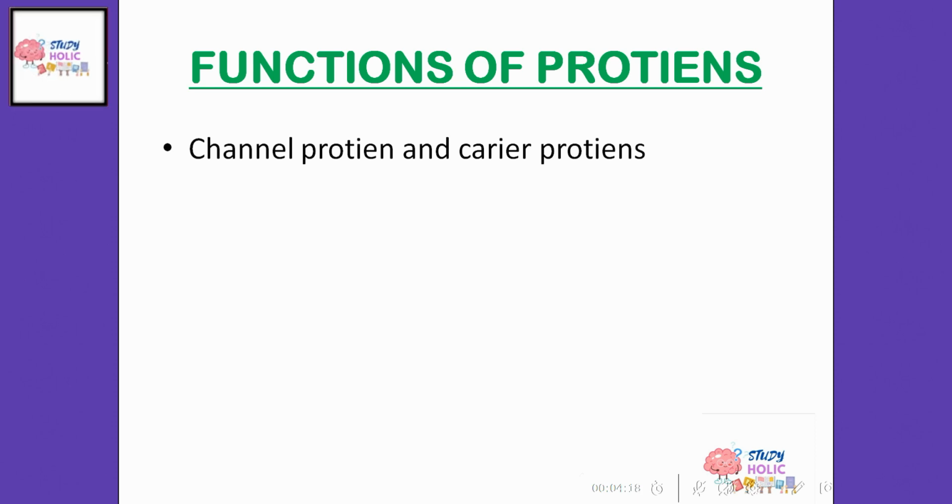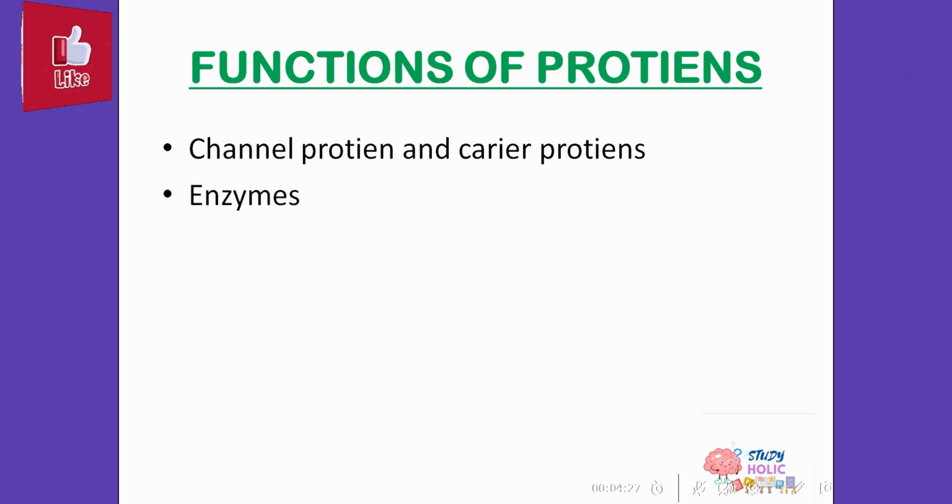The second function is enzymes. Some plasma membrane proteins also have enzymatic properties, like adenylate cyclase, which converts ATP to cyclic AMP, also known as cAMP. The third function is receptor molecules.